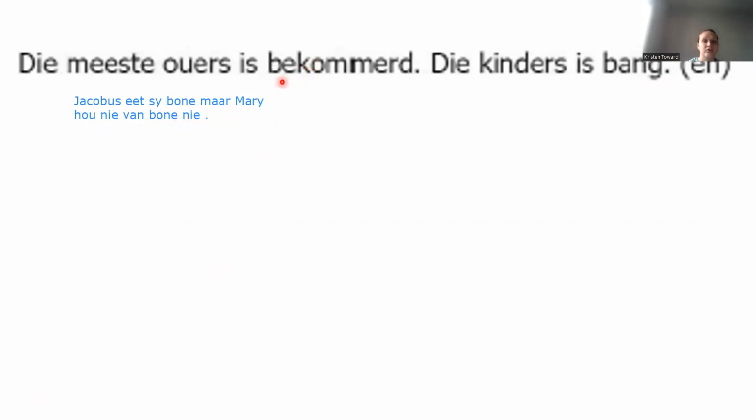Then we have another group 1, which has N. Okay, so same rule applies. Die meeste ouers is 100, en die kinders is bang.